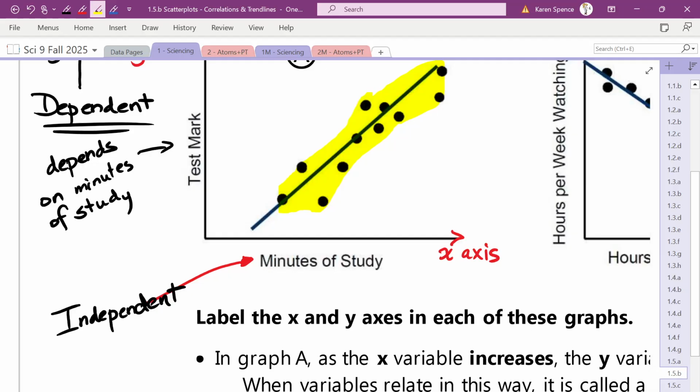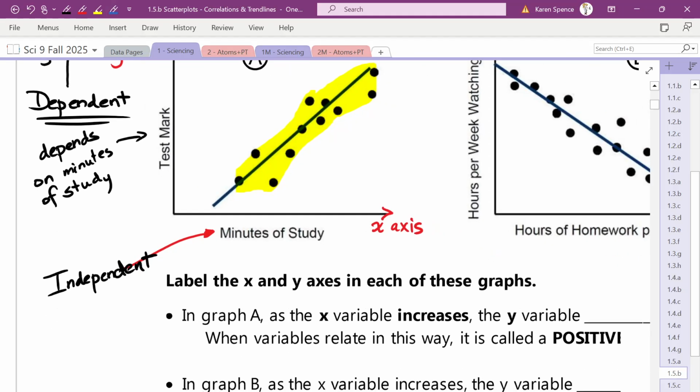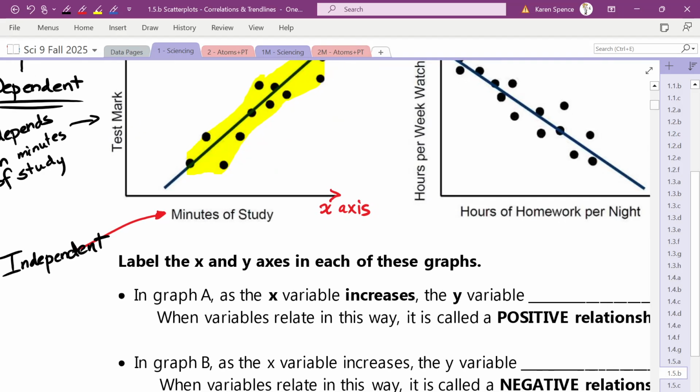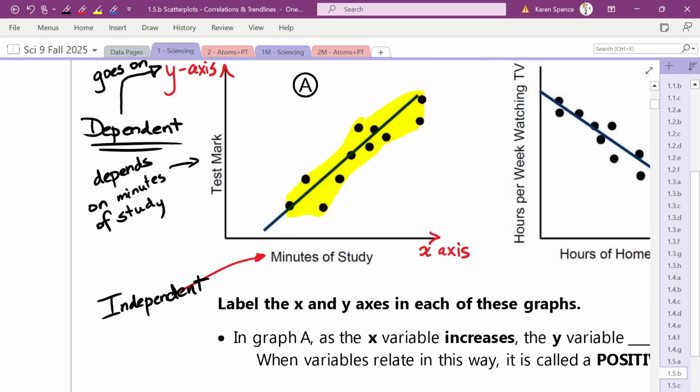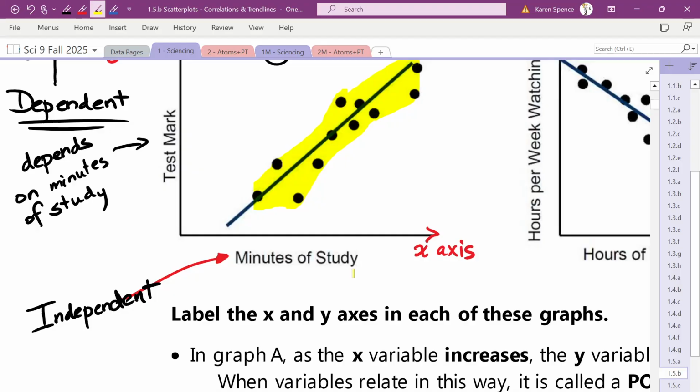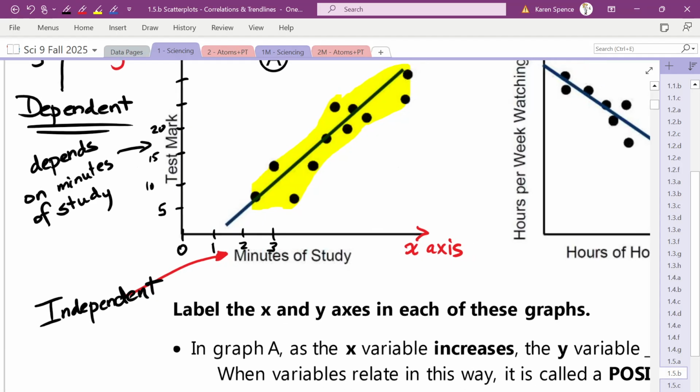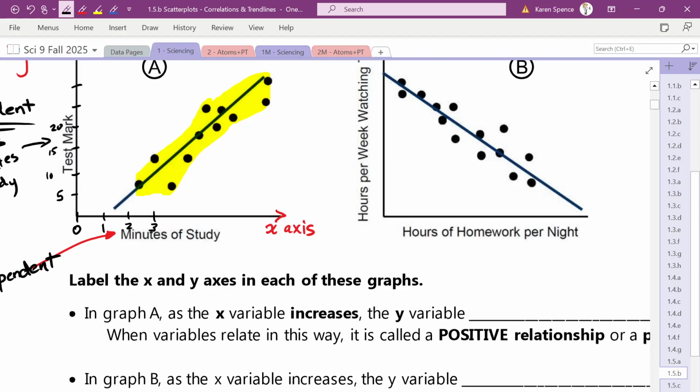And when it goes uphill, we call this a positive relationship, because what it means is that as the minutes of study go up, as they get bigger, as they go from 0 to 1 to 2 to 3, what's also getting bigger? The test mark is also getting bigger. 5, 10, 15, 20.